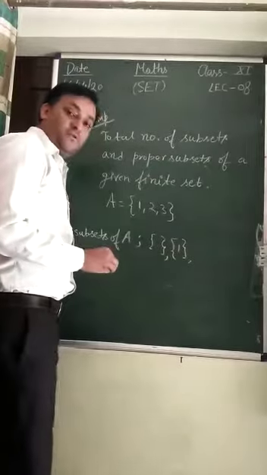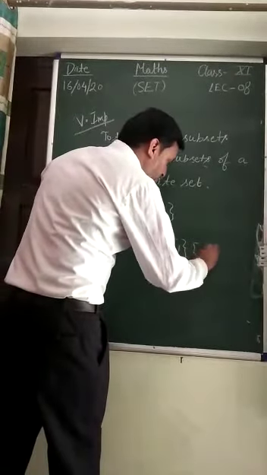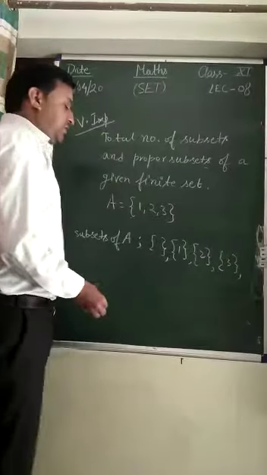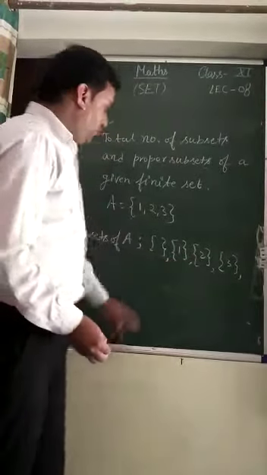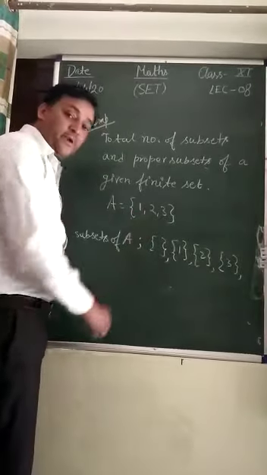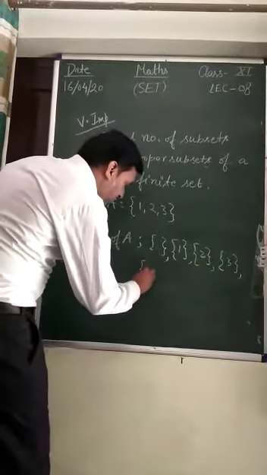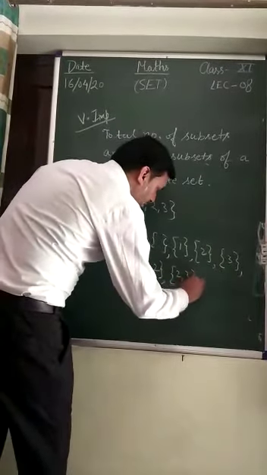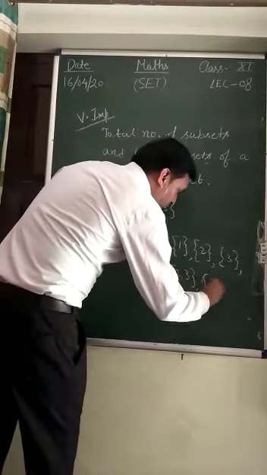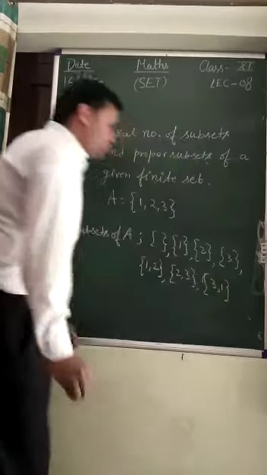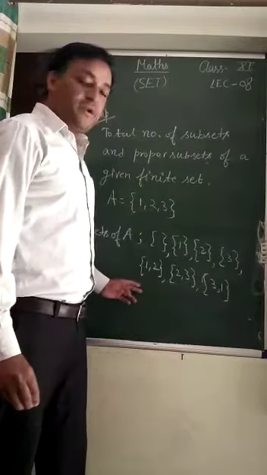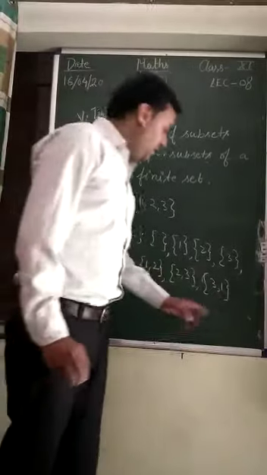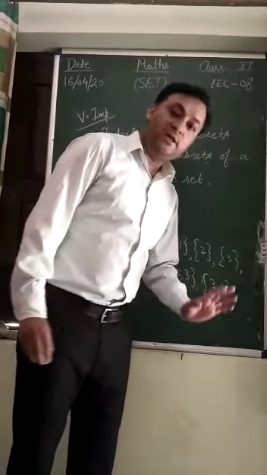We take one element at a time: {1}, {2}, {3}. And now we take two elements at one time: {1, 2}, {2, 3}, and {3, 1}. So students, {1, 2} or {2, 1} represent the same set. {2, 3} and {3, 2} represent the same set, and similarly {3, 1} and {1, 3} represent the same set.